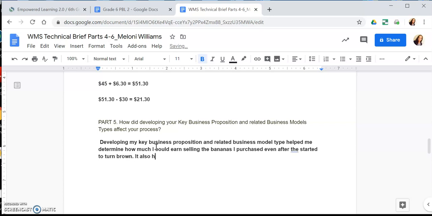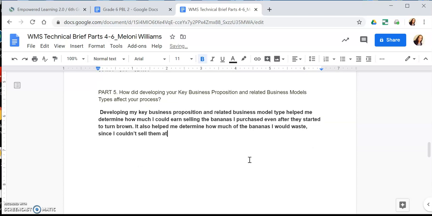It also helped me determine how much of the bananas I would waste, since I couldn't sell them at the full price or the discounted price.